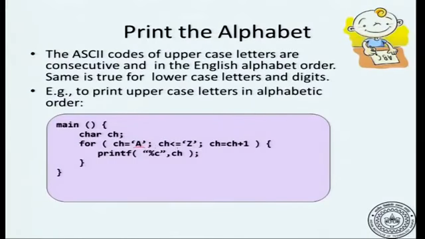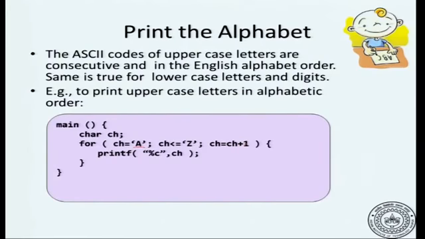Now we can write the for loop in an interesting way. We can say start from capital A and then print the characters until you hit capital Z. And the update statement is, after printing, go to the next ASCII letter.